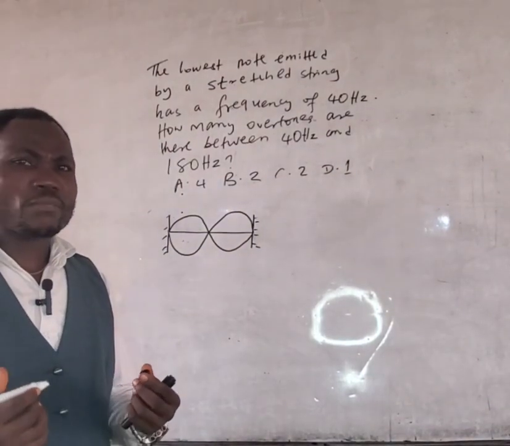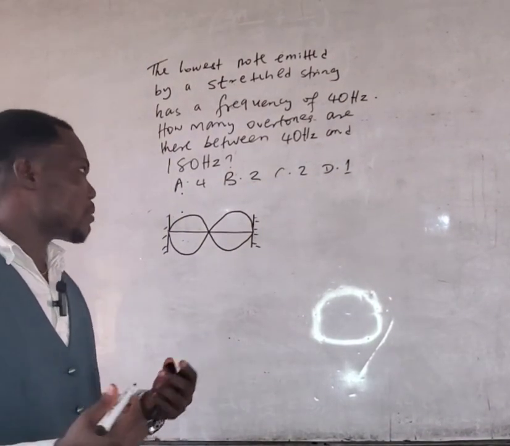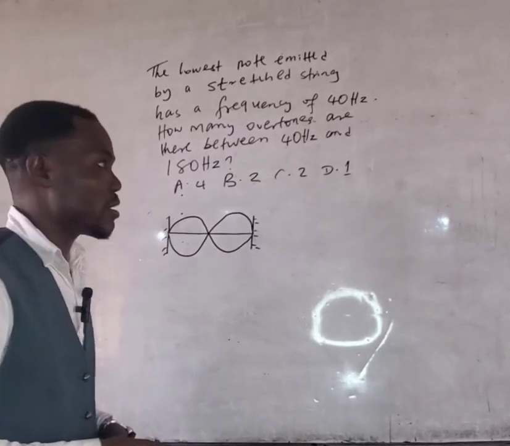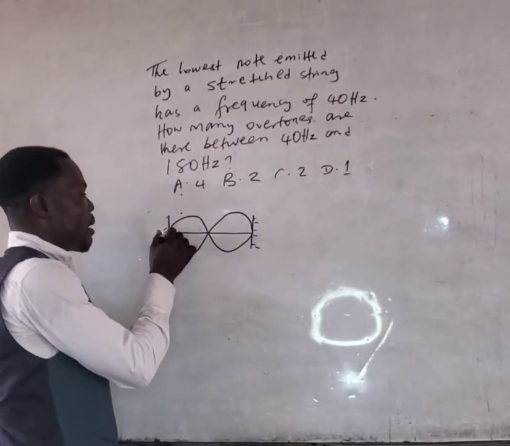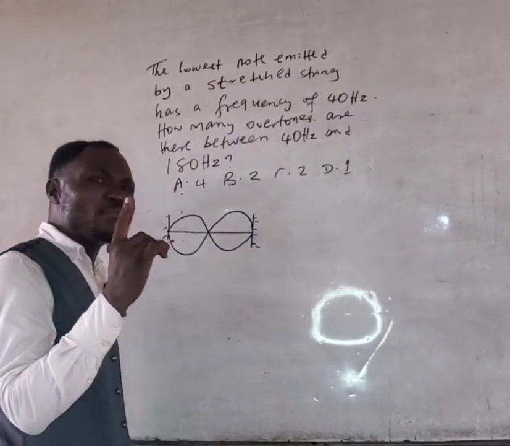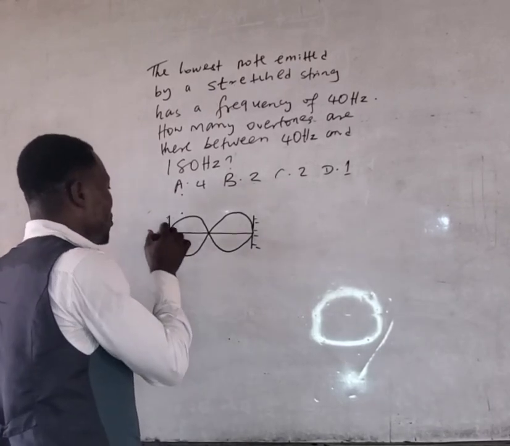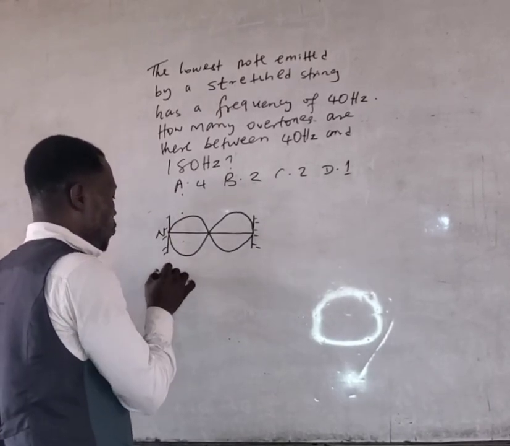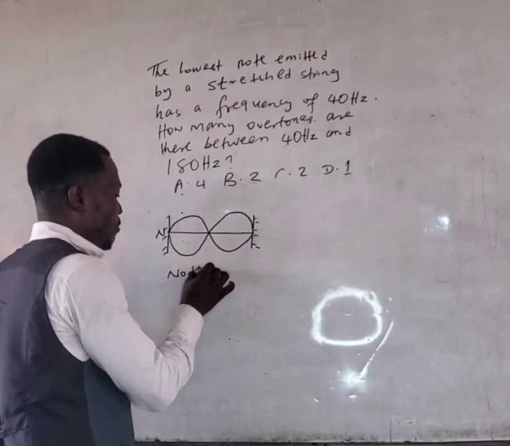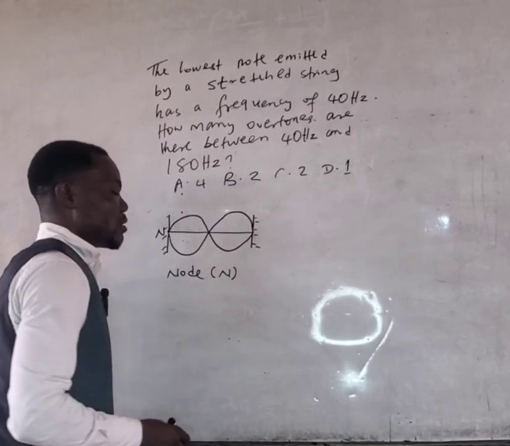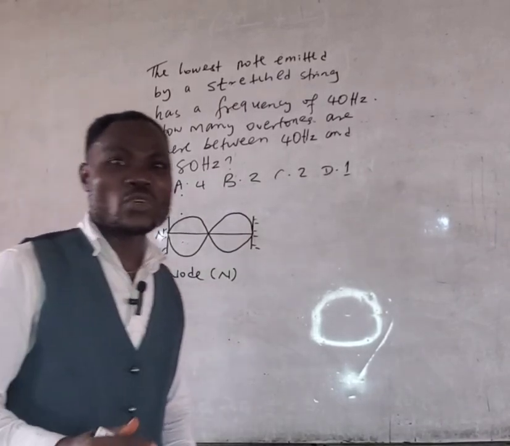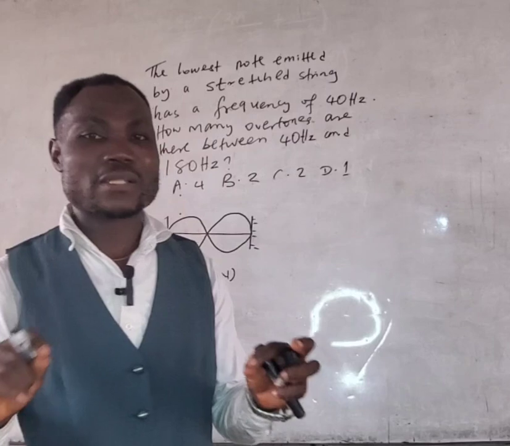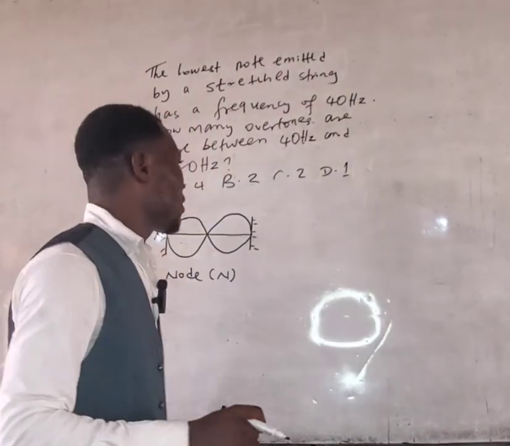Now there are some important parts of this wave we need to identify. We have a point of minimum vibration, which is referred to as a node. It is a point on a stationary wave where there is what? Minimum vibration of the particles of the wave.